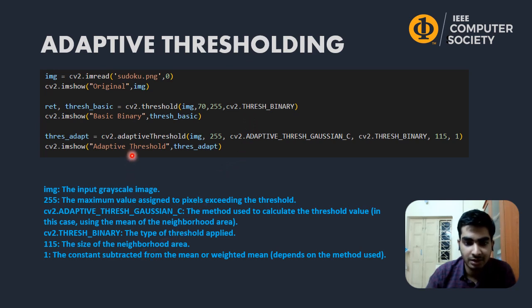In the cv2 dot adaptive threshold method, the method is used to calculate the threshold value, in this case using the mean value, the average value of the neighborhood area. So here we have set the value 115 as the neighborhood area. The 1 indicates the constant subtracted from the mean or weighted mean.